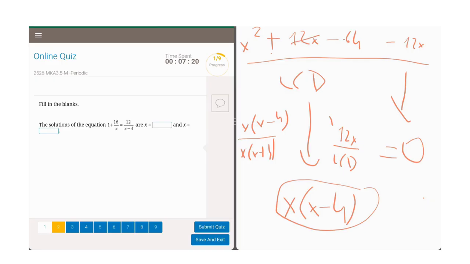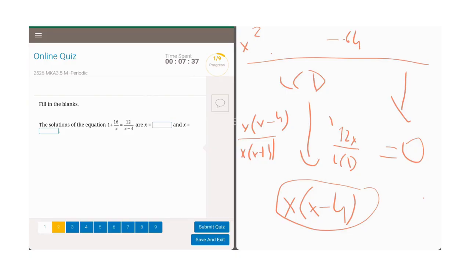And then 12x will cancel with minus 12x, so we can just remove this entirely. And then we'll be left with x squared minus 64 as the numerator. So the solutions, what they mean here is just the root.